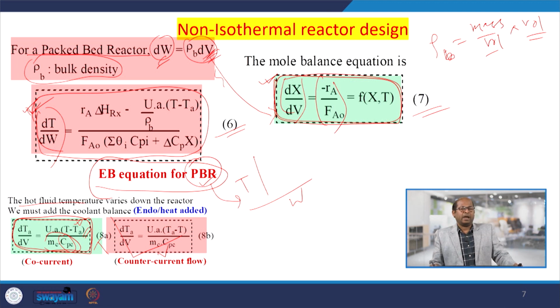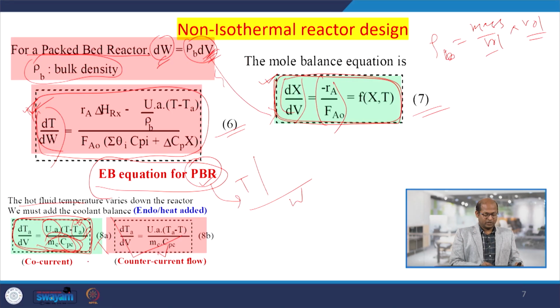If you know the rate at which the coolant is supplied and its heat capacity, which is a property, along with the overall heat transfer coefficient and the heat transfer area per unit volume for that system, we put them here. And Ta naught, the inlet temperature of the coolant, is known from the beginning, that is specified.